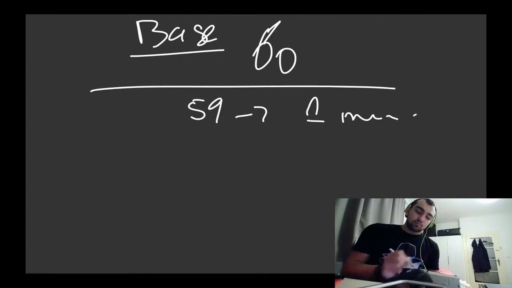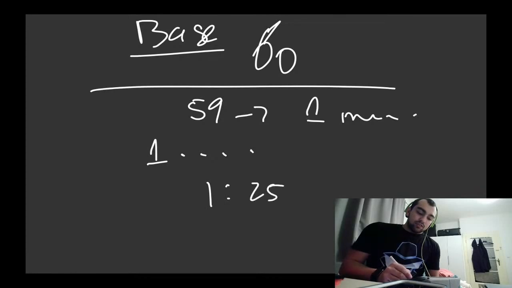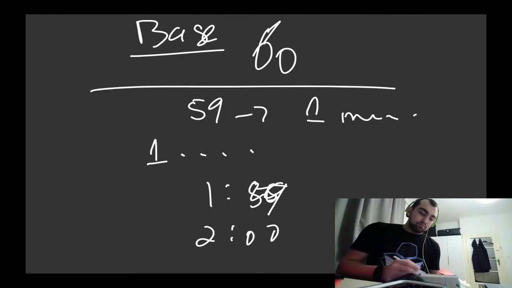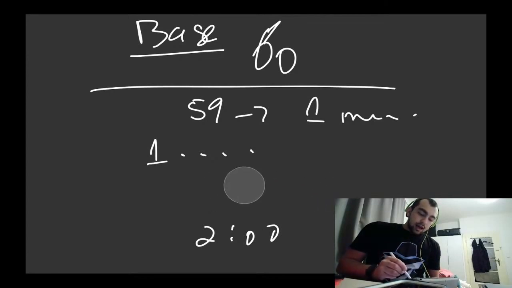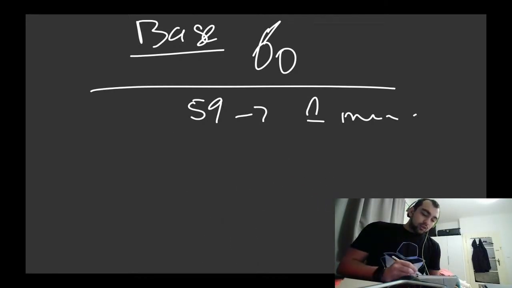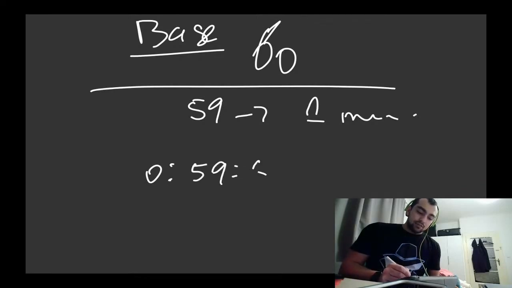Then 1 minute, 25 seconds, 26, 27, until you get to 59. And suddenly you're at 2 minutes. And as soon as you get to 59 minutes and 59 seconds, the next step is 1 hour.